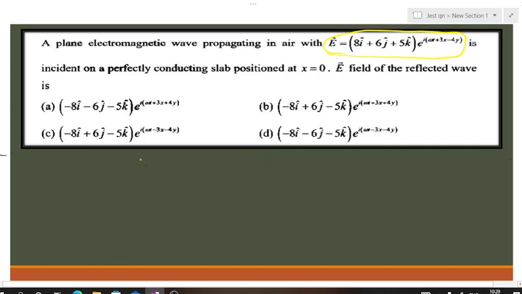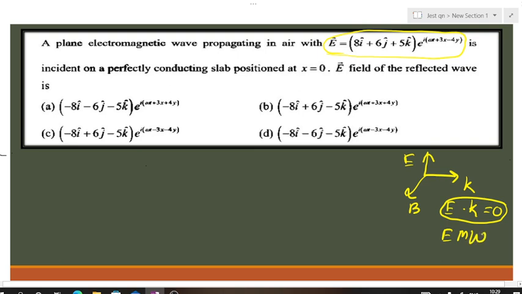As you know, in an electromagnetic wave, E, K and B are perpendicular to each other. So E dot K is equal to 0. This is the condition for electromagnetic waves. K is the propagation vector, E is the amplitude of the electric field.